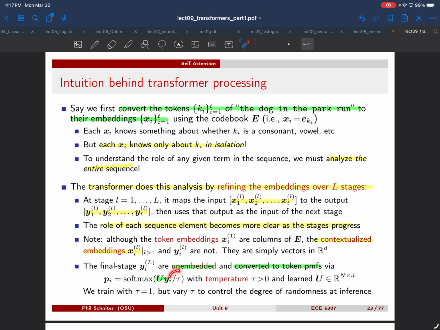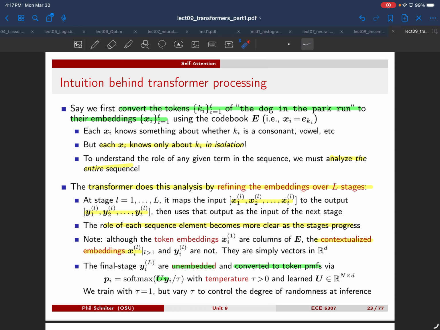The temperature is something we can control. The smaller the temperature is, when you divide by it, these numbers get large. And the way the softmax works is that it can get very peaked.